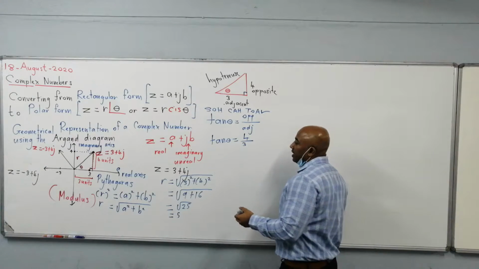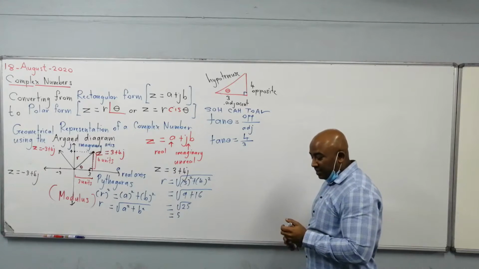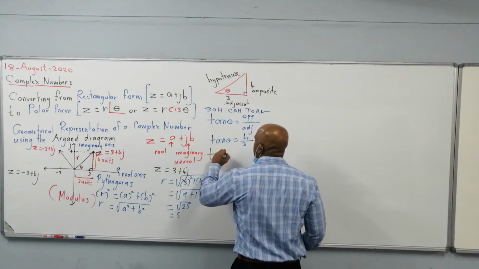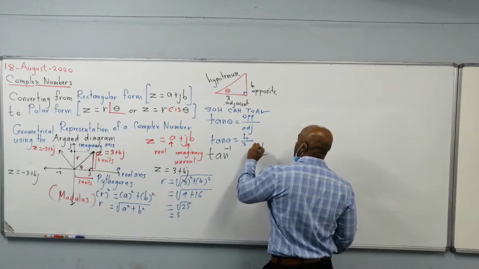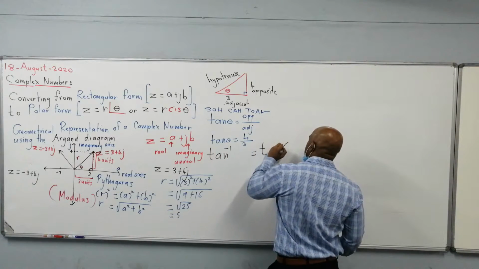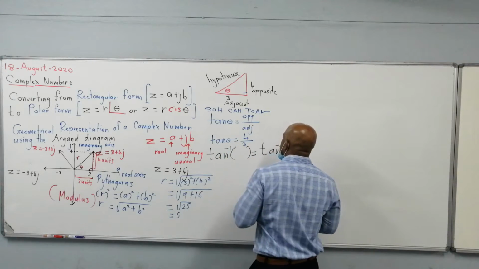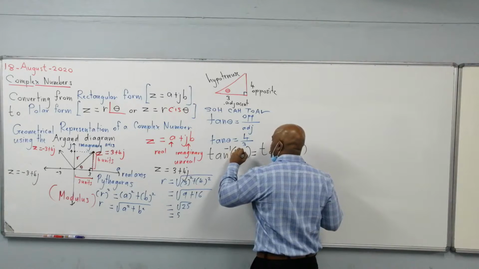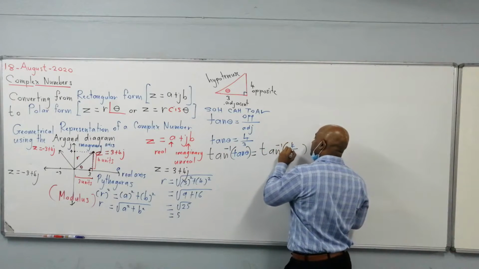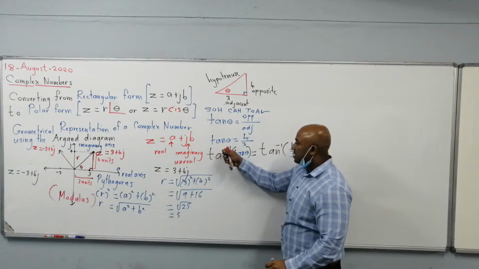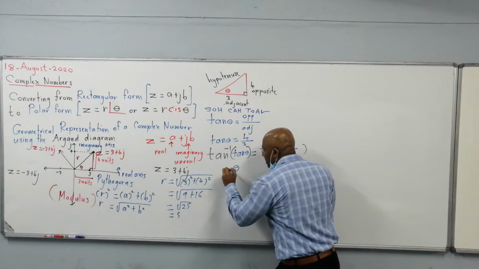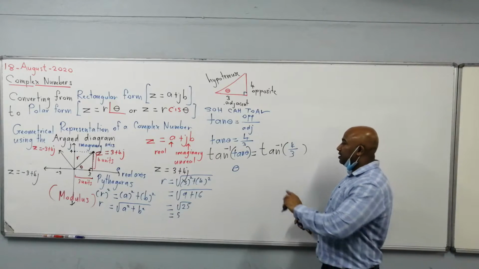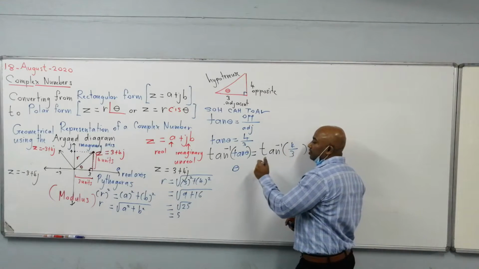So now I can work out theta. So what I will do is I will go inverse tan of both sides. So inverse tan of tan theta, basically it's cancelling each other out, which is just theta. I'm finding the inverse of both sides. So inverse tan 4 over 3.